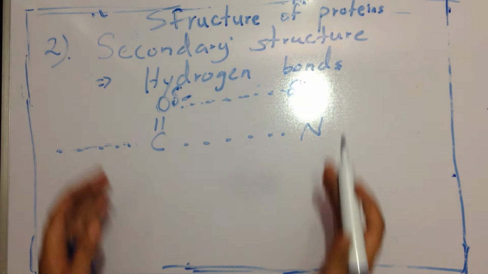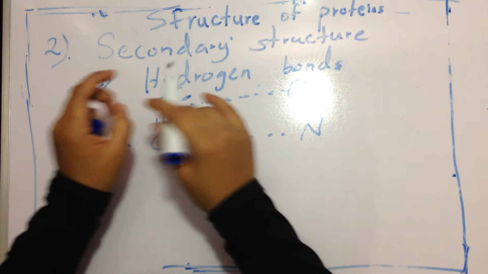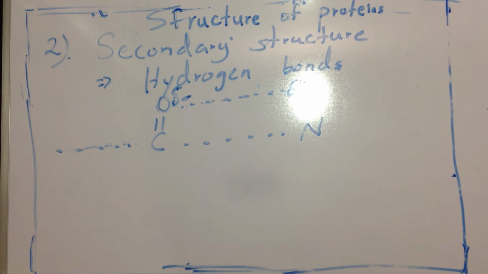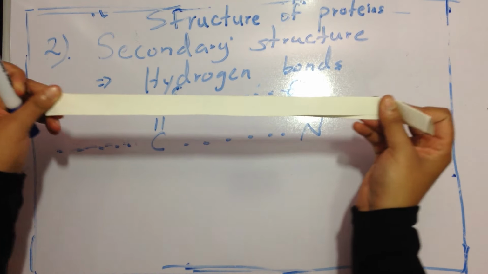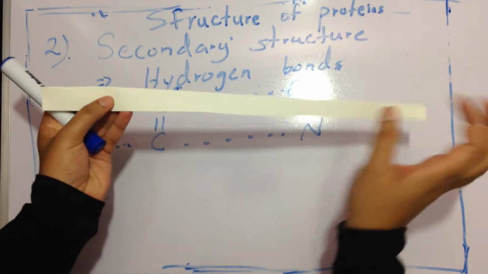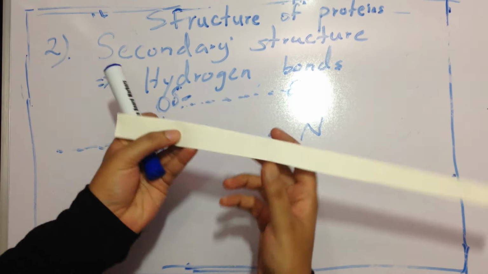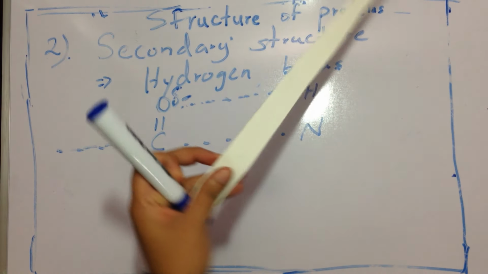Okay, so when they attract, what happens if we think of a polypeptide chain? Let's say this is a polypeptide chain, and they have oxygen here. I'm going to write it down.